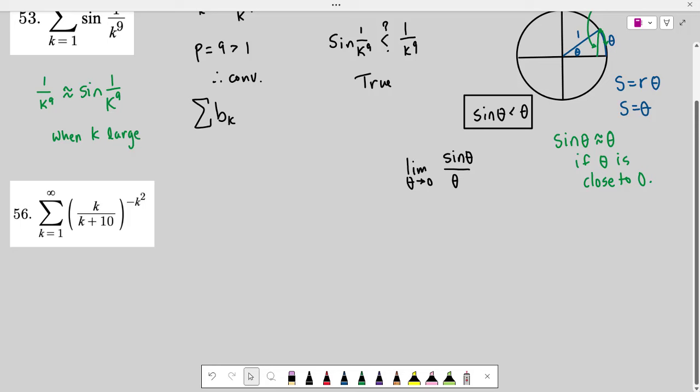And what's that limit? 1. That illustrates what we just said: they're both going to 0 at the same pace. This is L'Hopital, since 0 over 0. You could rewrite it as the limit of the derivative of sine, which is cosine, over the derivative of theta, which is 1. And that limit, as theta goes to 0, is 1.